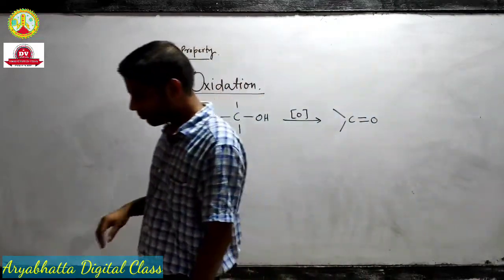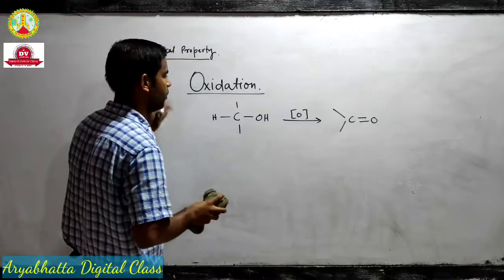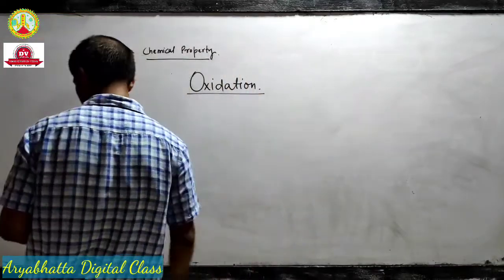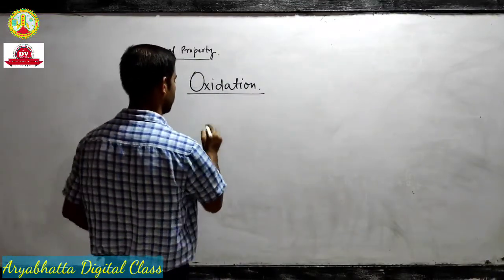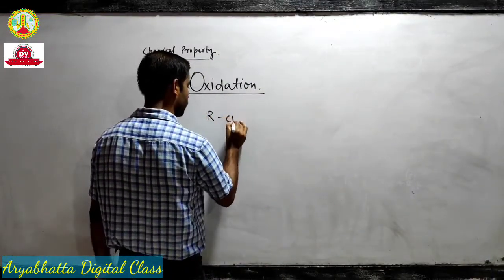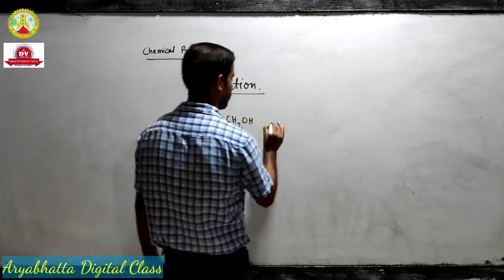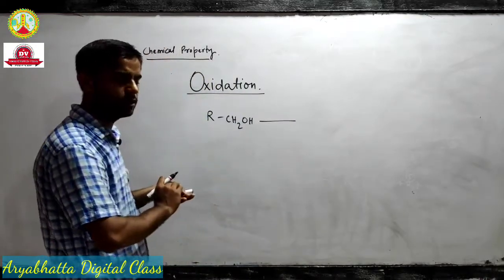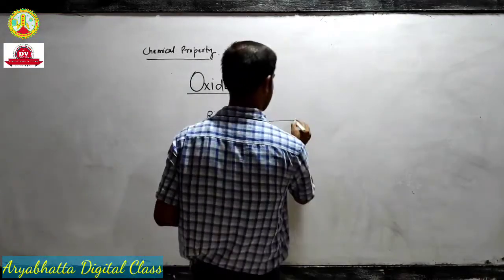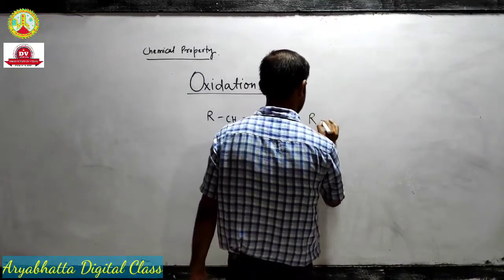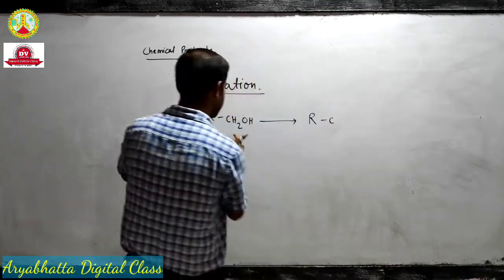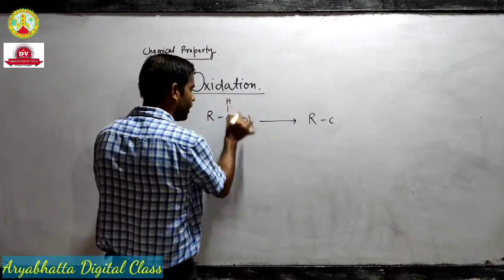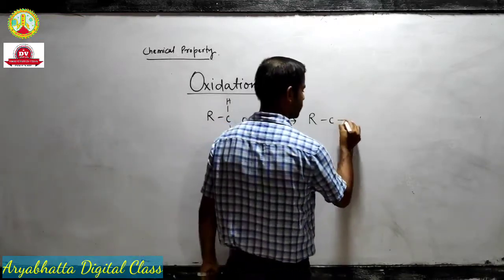Okay, so now we will see how the results will change. If we have a 1 degree alcohol, it will first get converted to something like this: 1 hydrogen out of these 2 hydrogens and OH will form this.